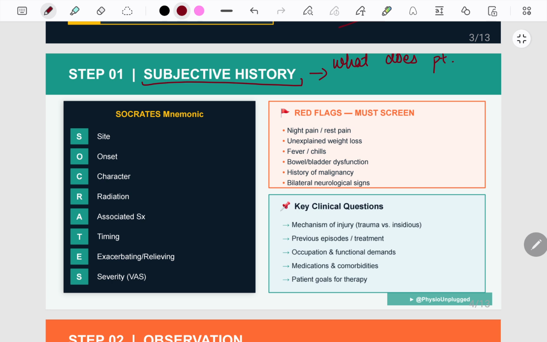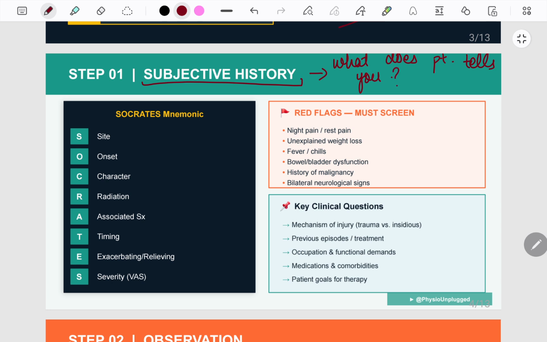Let me tell you one thing: for me and my students, small pt means patient, and capital P and capital T means physiotherapist. I hope I'm clear on this. So what does the patient tell you means subjective history, whatever he tells you, in one word.